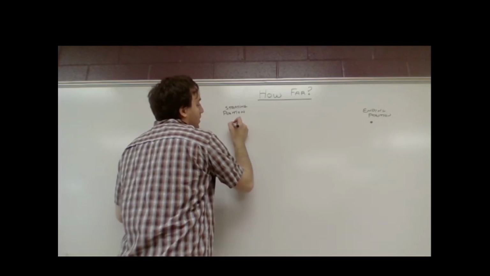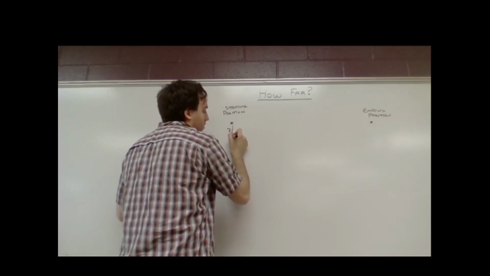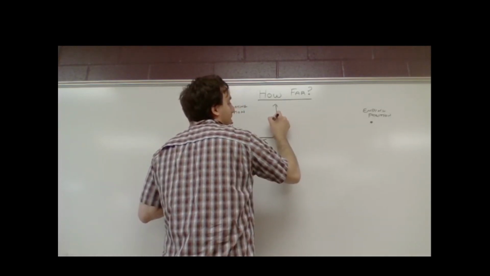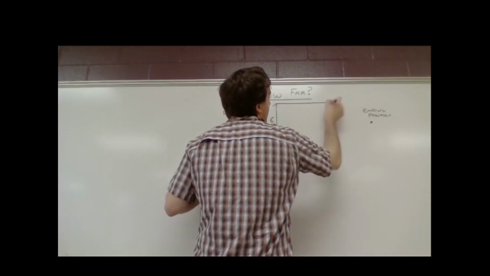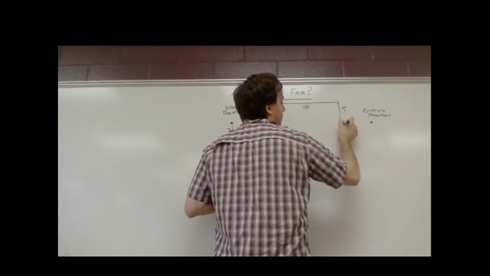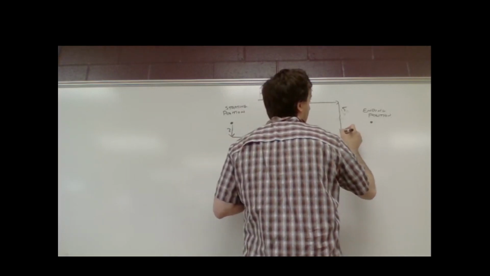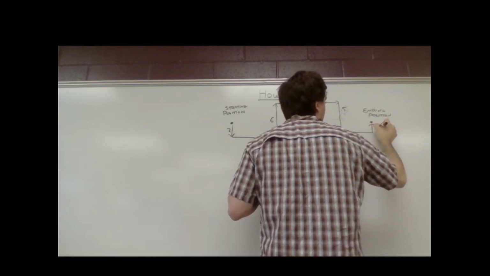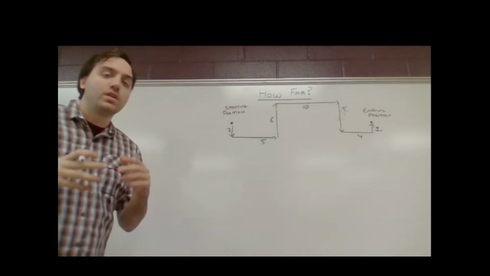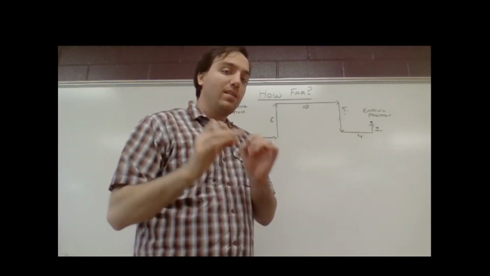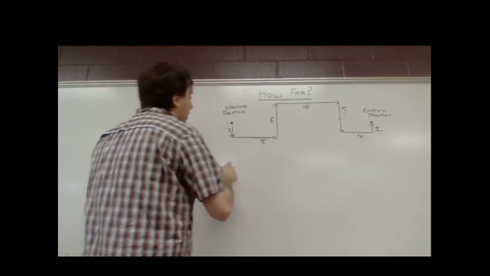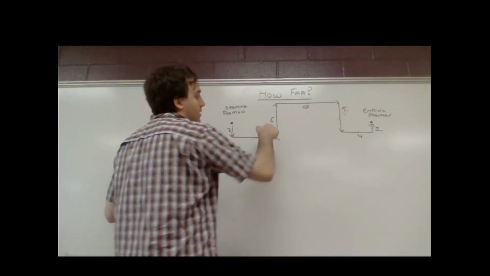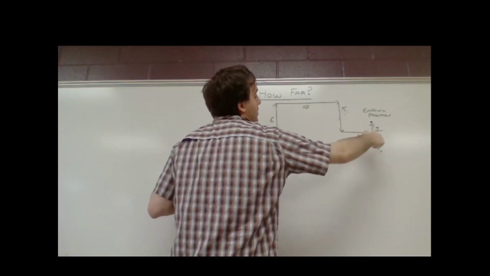Well, if you go down 2, right 5, up 6, over another 10, down 5, over another 4, and then up 1, your distance, which is directly the path you traveled, is 2 plus 5 plus 6 plus 10 plus 5 plus 4 plus 1, or 7, 13, 23, 28, 32, 33.